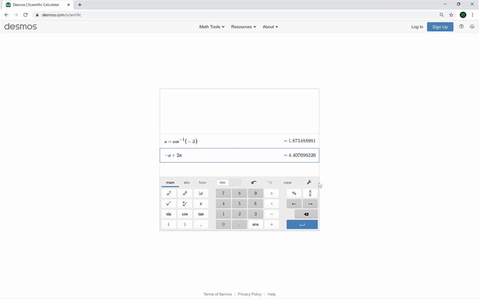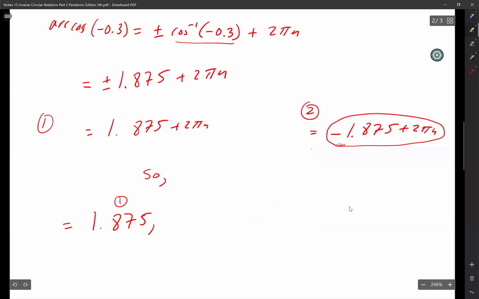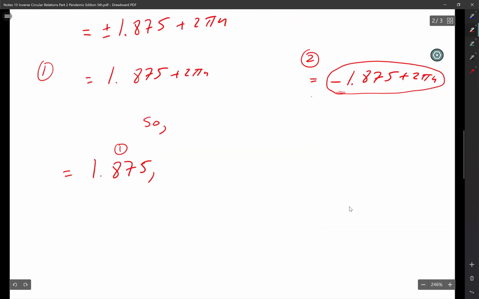So here we go. Let me go back. Okay, so the negative 1.875 plus 2 pi gives us 4.408. And the 1.875 plus 2 pi gave us 8.158.